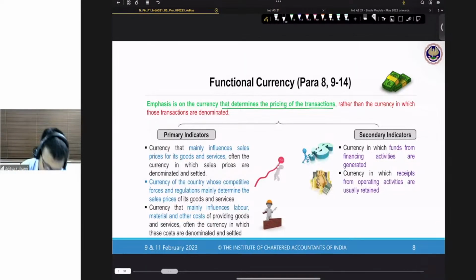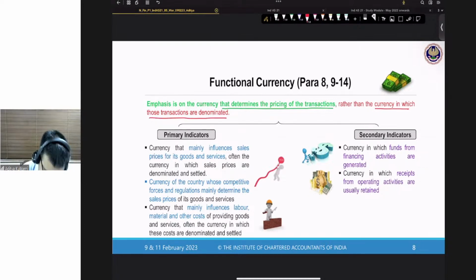So we do not look at the currency in which those transactions are denominated. That currency is irrelevant. So when I look at my transactions, I will have to look at that currency which influences sale prices for its goods and services, or the currency of the country whose competitive forces and regulations determine the sale prices.